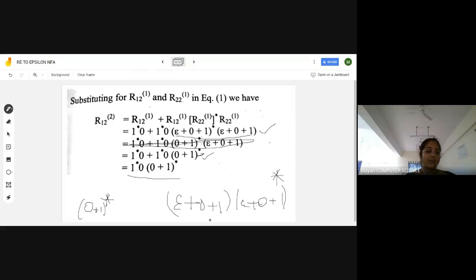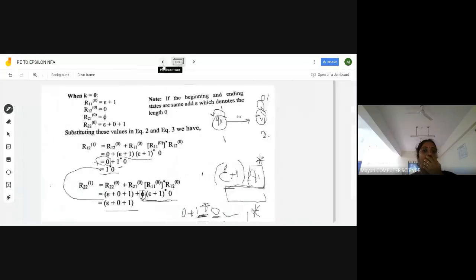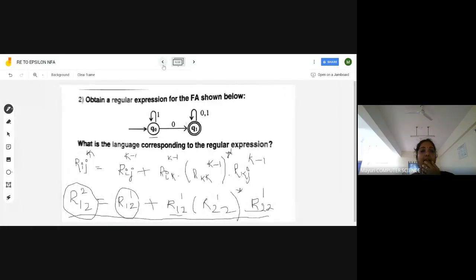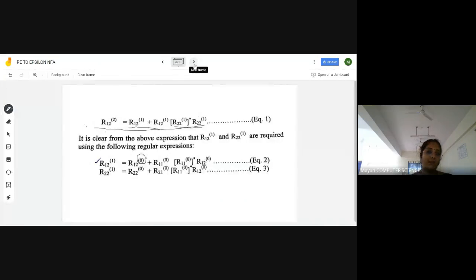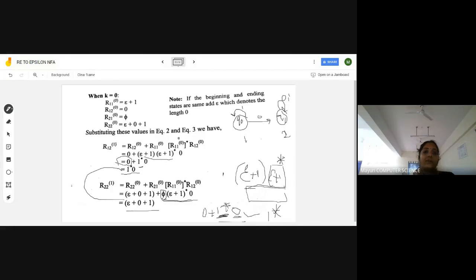So what I'm trying to tell you is, whatever the states given to you, first calculate the basis. Basis means Rij power 0 terms, that is R11, R12, R21, R22 power 0 terms. Basis, it is a must. You have to calculate that. When you have a self loop, along with the input epsilon will come.